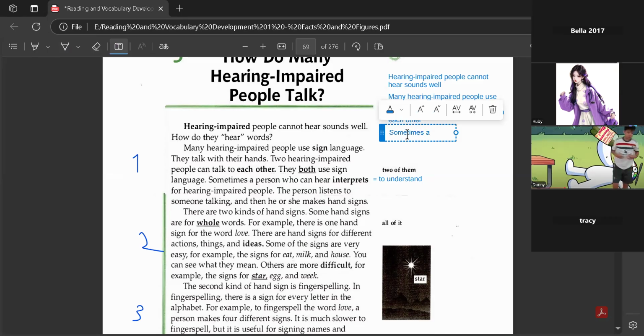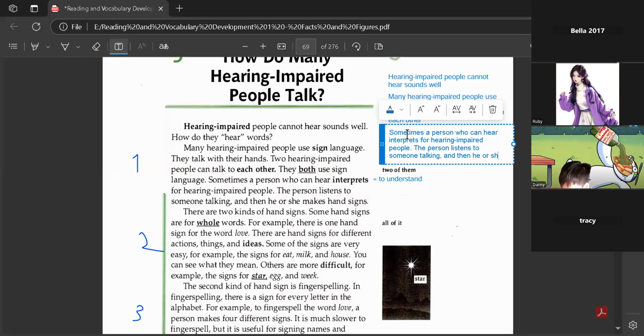Sometimes a person who can hear interprets for hearing impaired people. The person listens to someone talking and then he or she makes a sign.